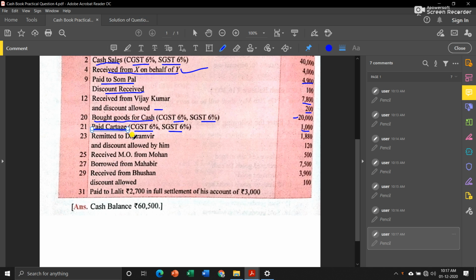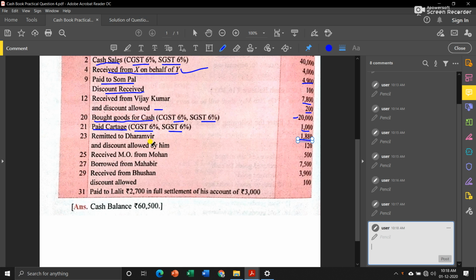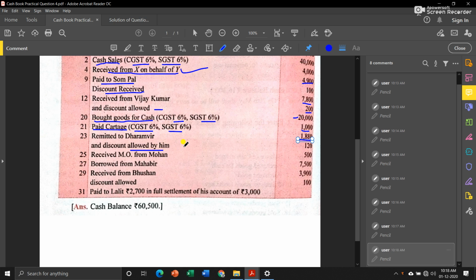Then next transaction, on December 23 we remitted some cash to Dharamveer, rupees 1880, and he allowed us some discount of rupees 120. Discount allowed by him means it is discount allowed for him, but for us it is discount received.